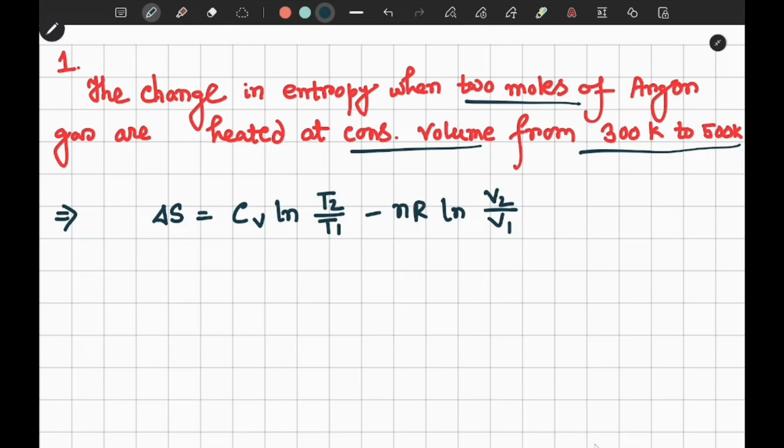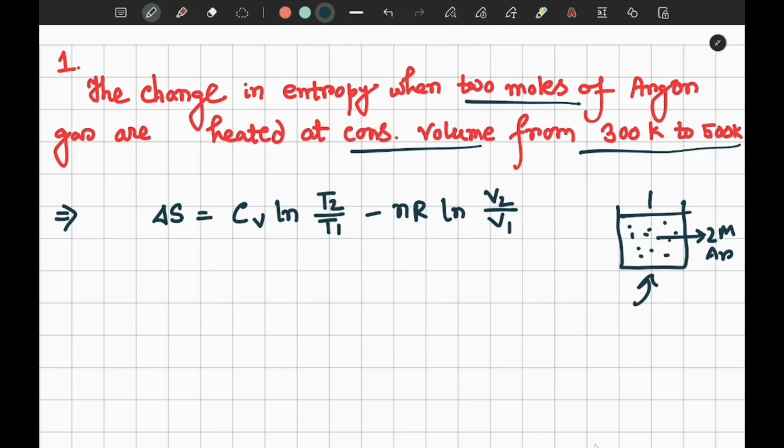So this is the formula, but here you can see that it is a constant volume process, and 2 moles of argon gas are heated. Let's say this is a container, here 2 moles of argon gas are there, and we are just heating. We are increasing the temperature from 300 Kelvin to 500 Kelvin.